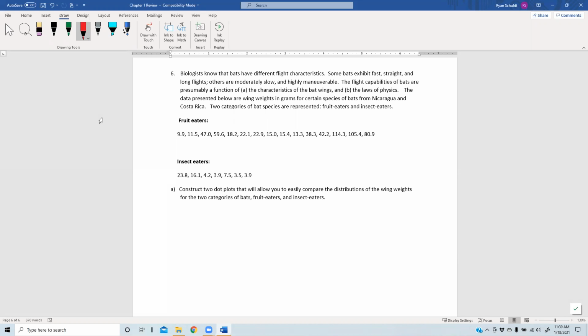And A asks us to construct 2 dot plots that will allow you to easily compare the distributions of the wing weights for the two categories of bats: fruit eaters and insect eaters.